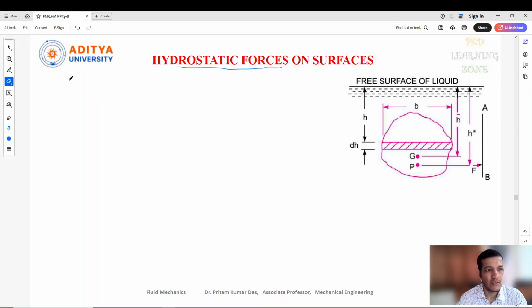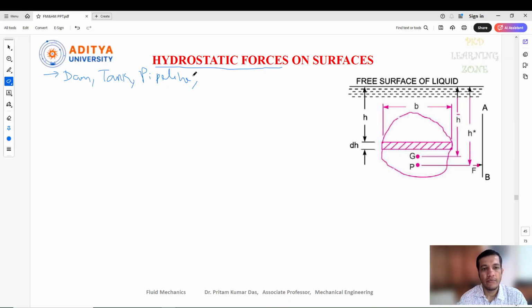These hydrostatic force applications are found in different areas, such as when we construct dams, where we need to consider this concept. Similarly, when we construct a big tank or any big pipeline, we also need to consider hydrostatic force.